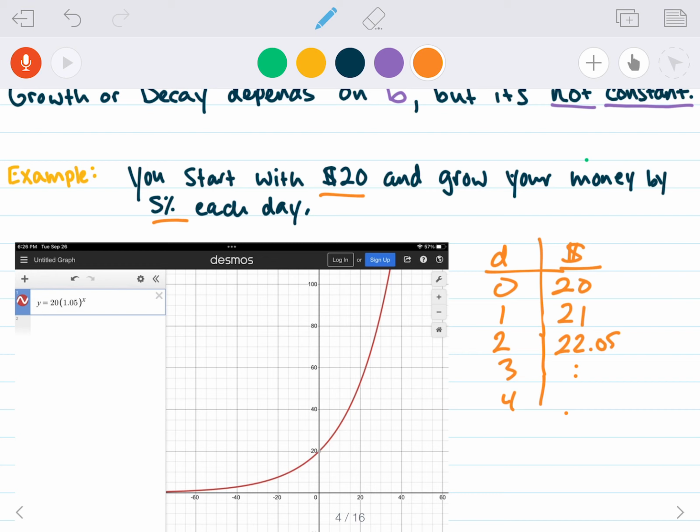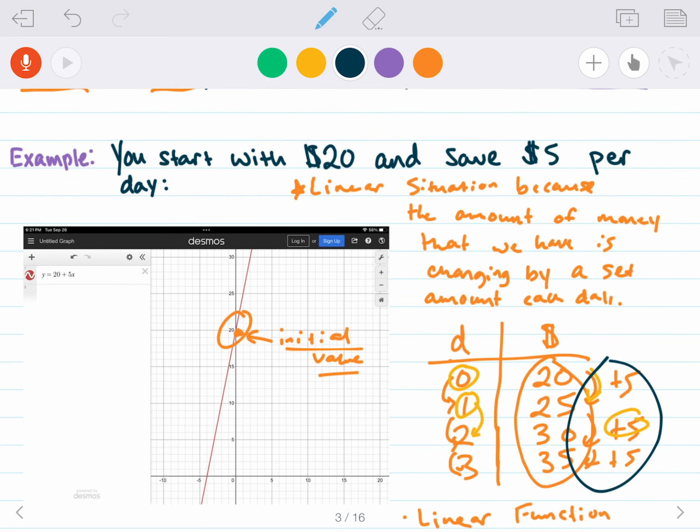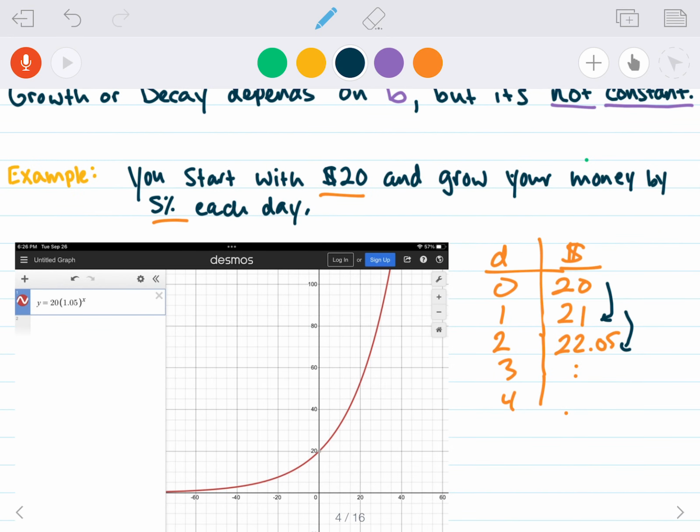So notice that unlike the linear case, we're not growing by a set amount, right? In the linear case, we are growing by $5 per unit of time, per day. But here we're not growing by a set amount. However, if we look at the ratios between these numbers, it's going to be the same.